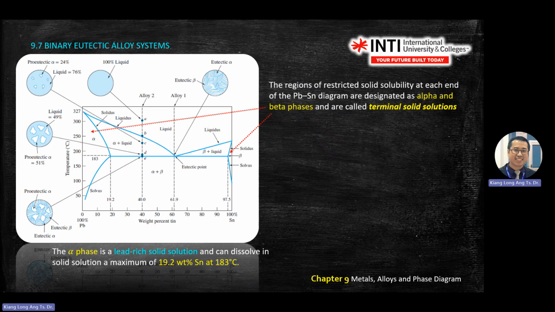See, 97.5. If you want to get the beta phase, you heat the solution or cool it down to 183 degrees C. It will reach here, and the percentage of Sn you can dissolve is 97.5% to get beta.